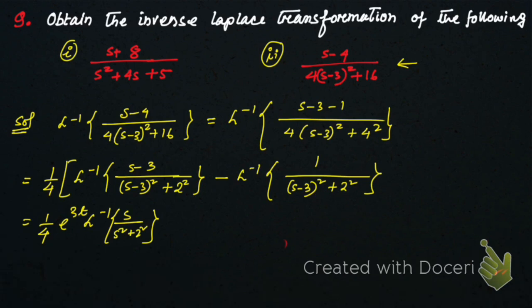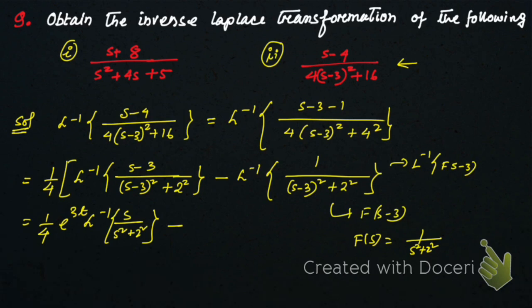So similarly, the next part of this, here you see, if this is the F of s minus 3, then F of s should be 1 by s square plus 2 square, right? And the inverse Laplace transformation of this F of s minus 3 is going to be equal to e to the power 3t f of t.